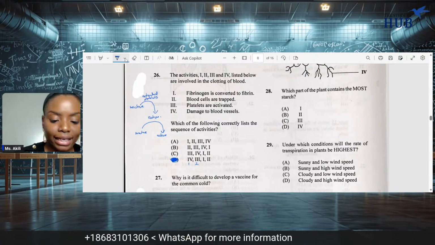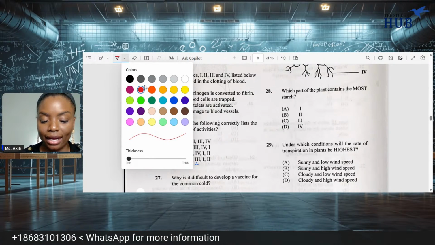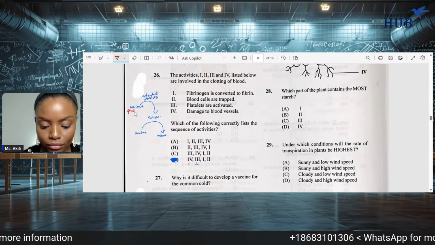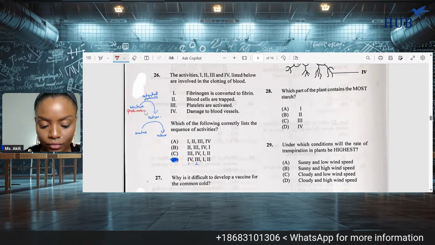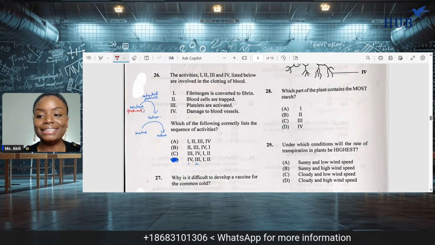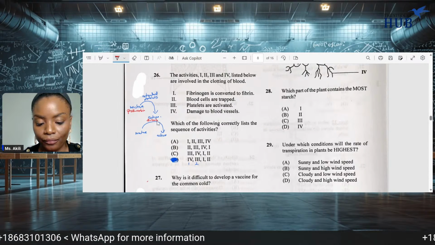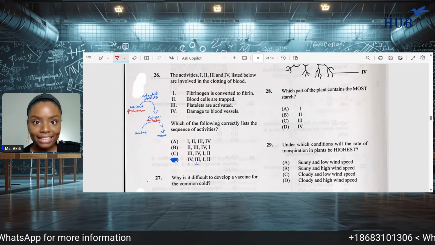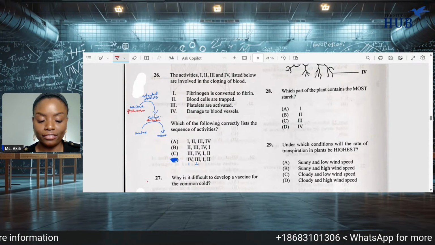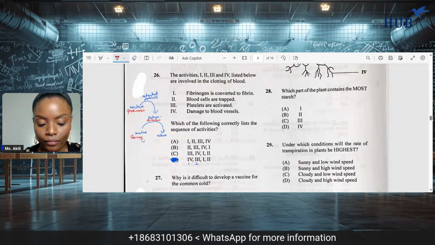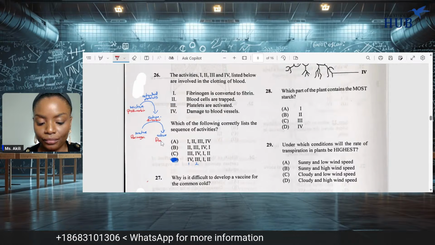Very importantly in this process, you're going to have prothrombin in the mix, right? And that prothrombin is the inactive form. When activated, it becomes thrombin. And then that activated thrombin can convert the inactive fibrinogen into fibrin.